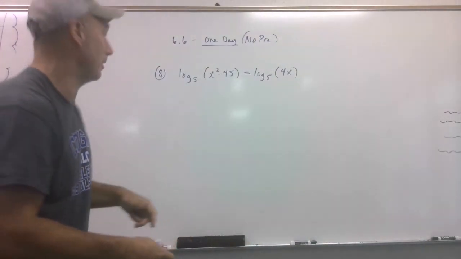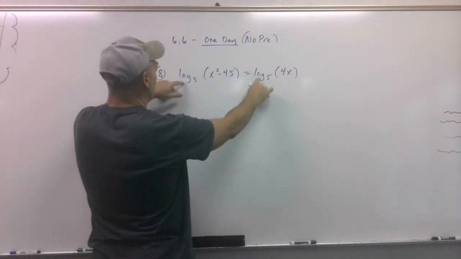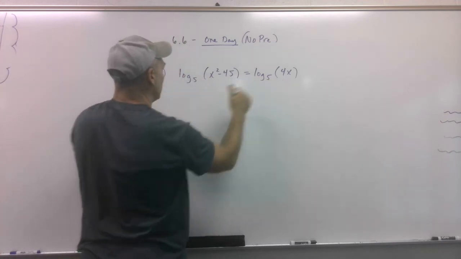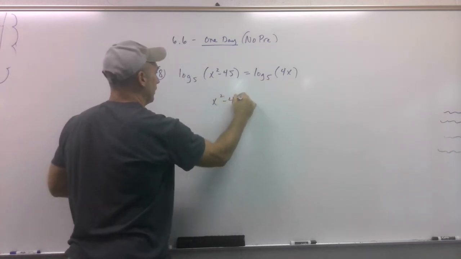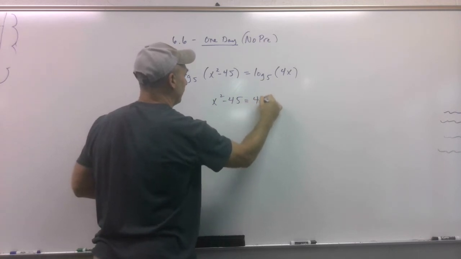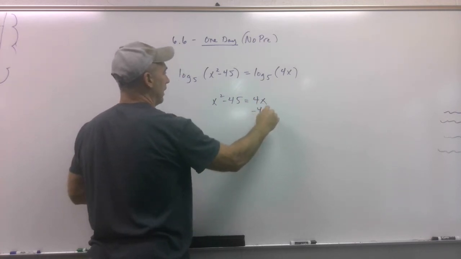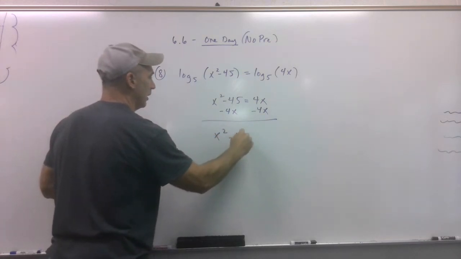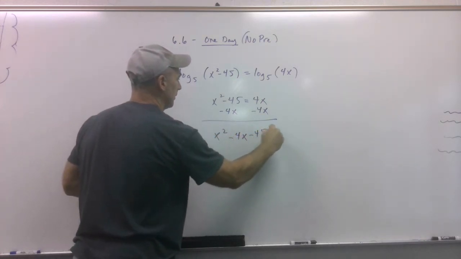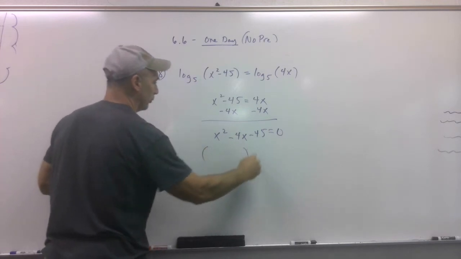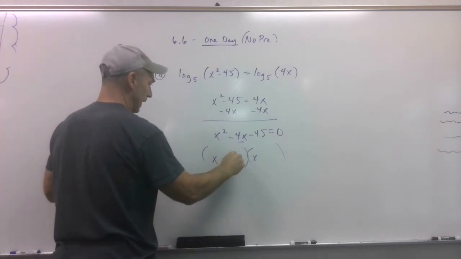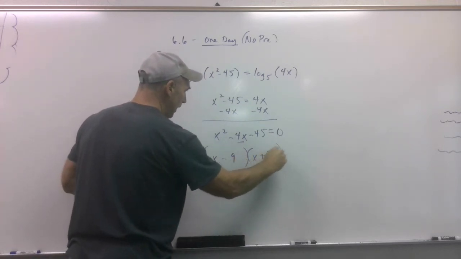Similar to the last problem, now you've got the regular log with a base 5, and then this stuff. What that means is the stuff has to equal the stuff. So subtract 4x, subtract 4x. The world of trinomials comes back. Two factors of -45 that add to -4: -9 and +5.